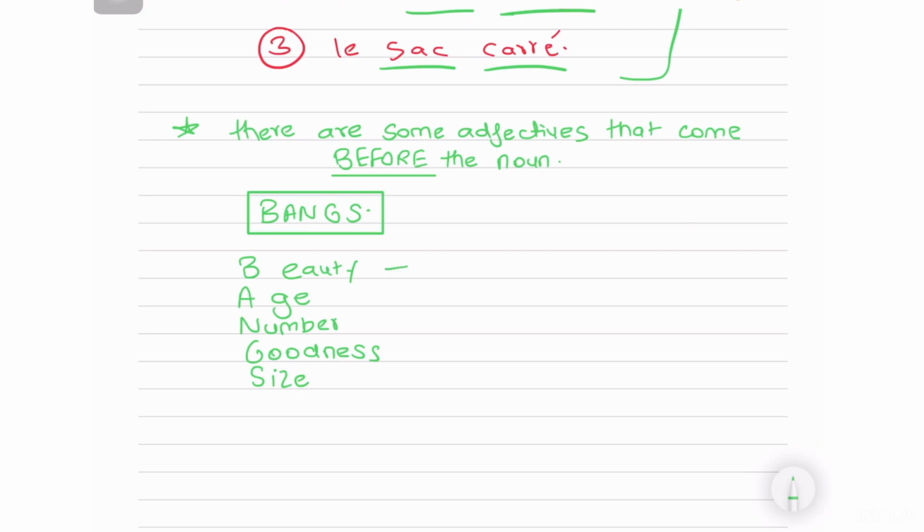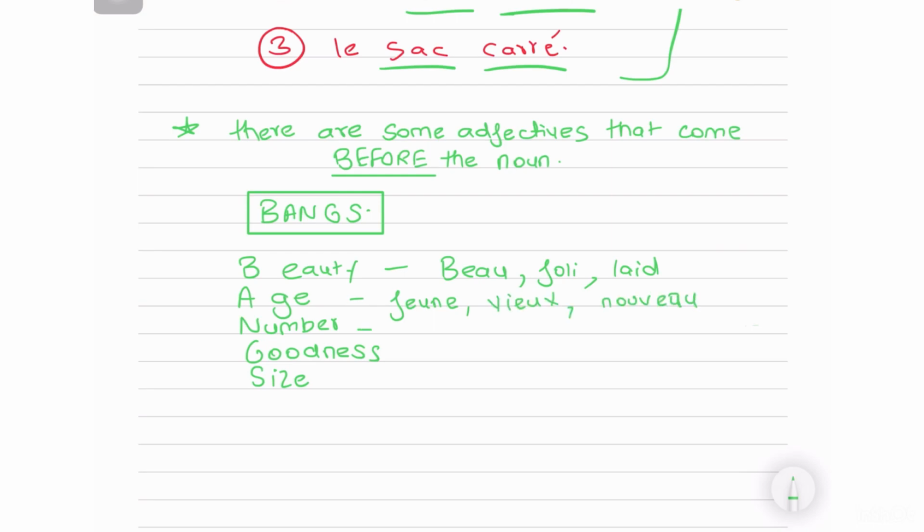For example, for beauty, you can say beau, that is beautiful, or jolie, pretty, even laid, that is ugly. Then we have age, as in young, old, new. Here we have words like jeune, or the opposite, vieux, that is old, or nouveau, that is again new.